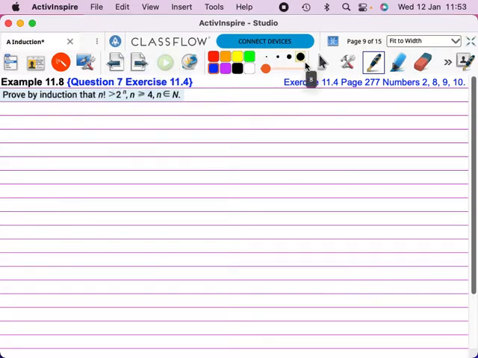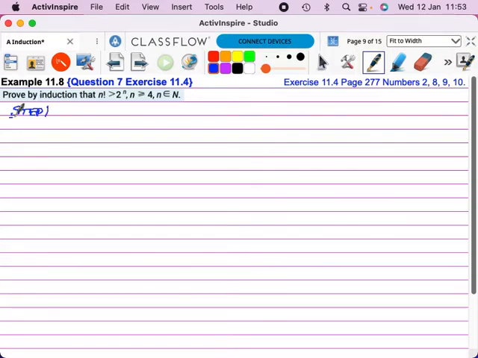Factorials. So, I've made this really clear here. This is the example, it's question 7 of exercise 11.4. So basically, I've given you one of the questions as an example. Step 1, let's just go for it, shall we?